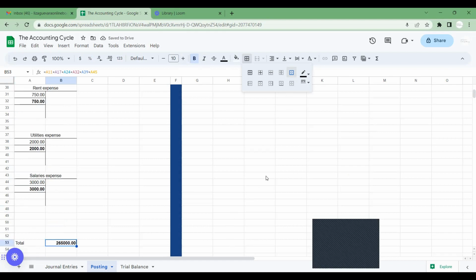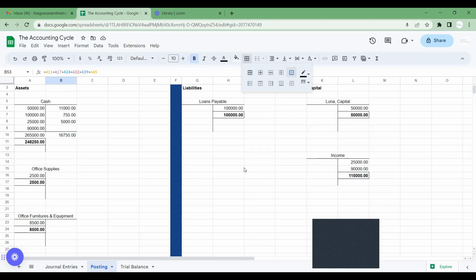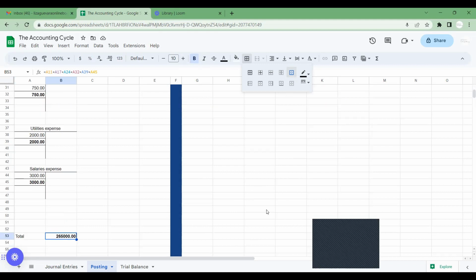Okay, so we have here the liabilities in the amount of 100,000.